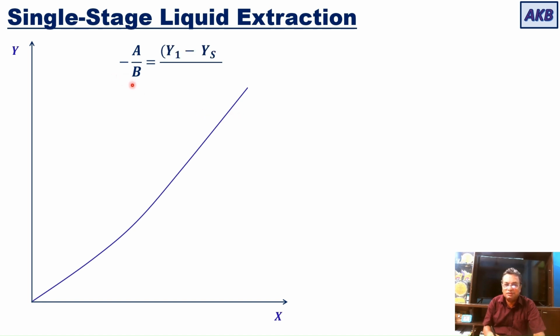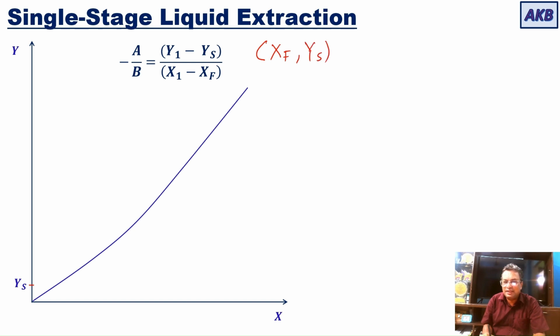And now we will be plotting the operating line which has this equation: minus a upon b is equal to capital Y1 minus capital Ys divided by capital X1 minus capital Xf. So the endpoints, we had noted the endpoints. One endpoint is xf and capital Ys.